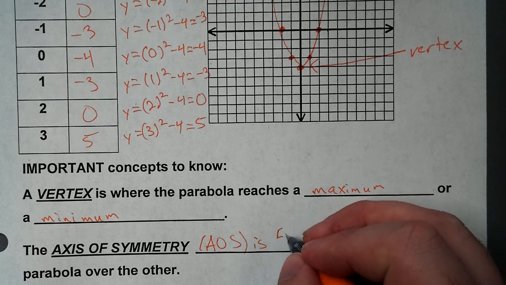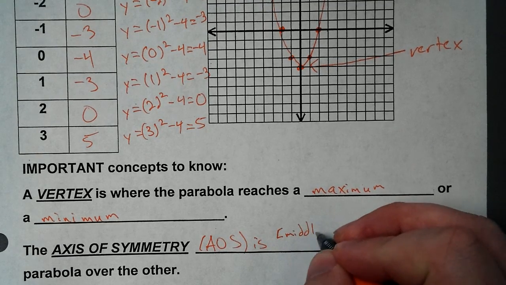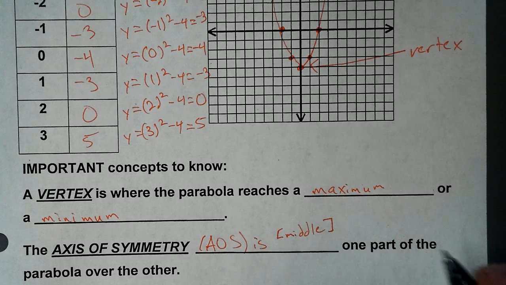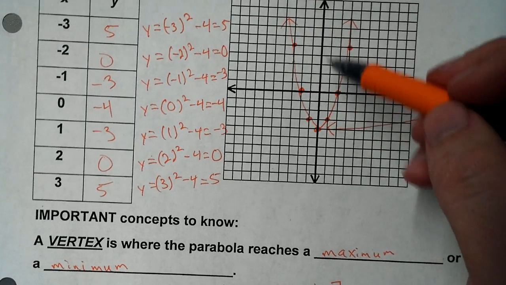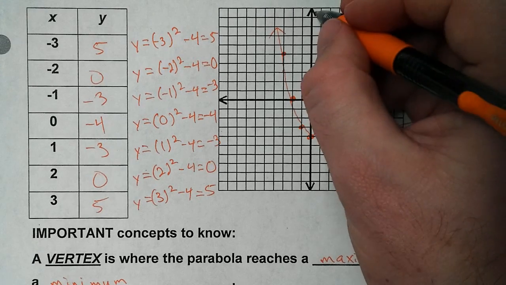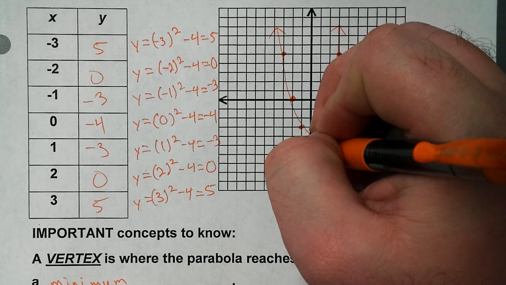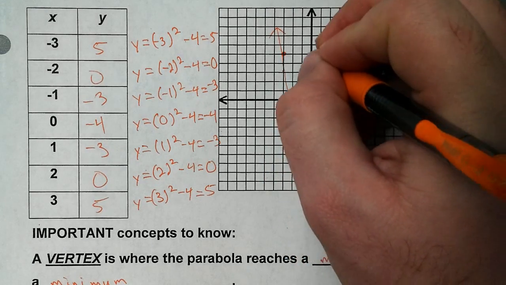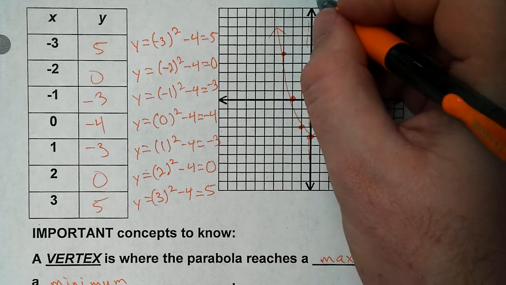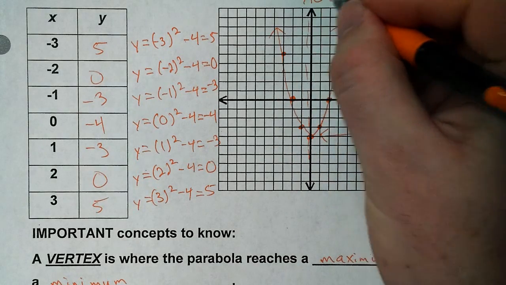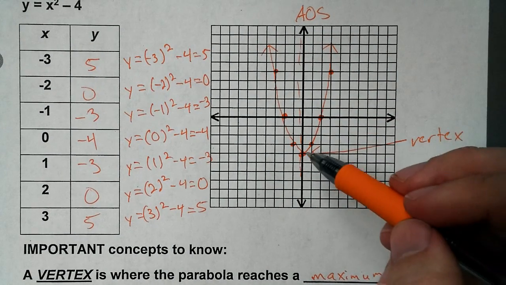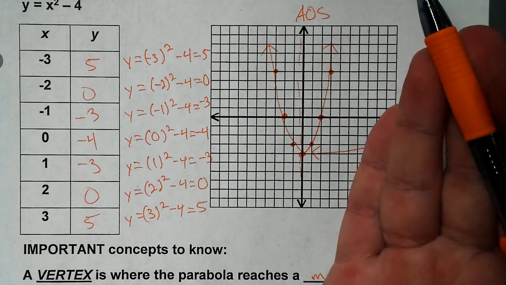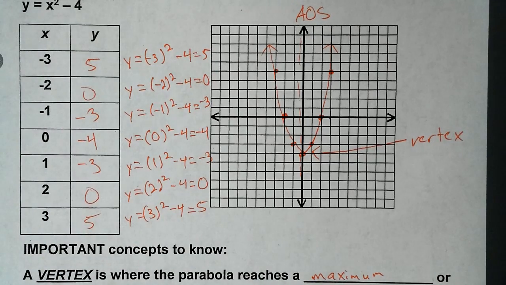So on this line, the middle part that I could fold one side over on top of the other is right here. It goes through our vertex, and it splits our parabola in half. If I folded this side on top of the other, it would land perfectly.